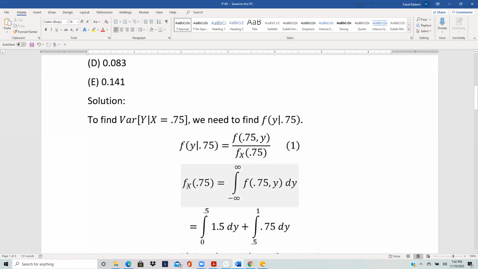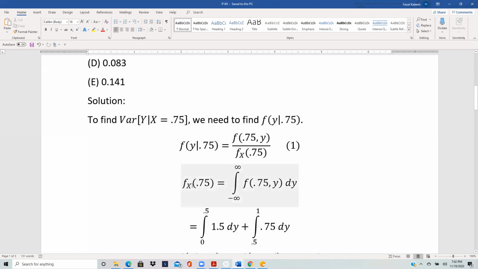So the marginal density of x at 0.75 is the integral from negative infinity to infinity of f of 0.75 comma y. Remember, 0.75 is for x. When you have marginal density, that's just in one variable, so that's all in x. It's found by integrating the joint PDF over the other variable.